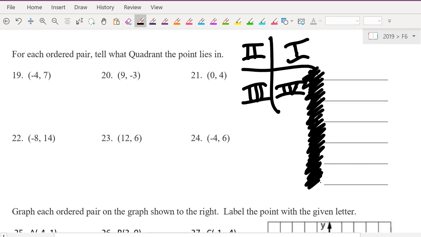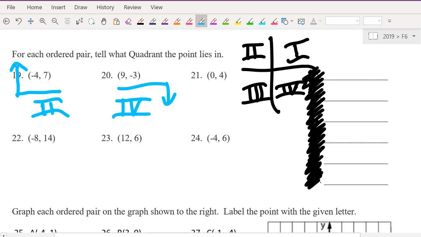For number 19, we're going negative, which is to the left, and then positive, which is up. That brings us to quadrant 2. What about 20? Positive to the right, and then down. That's quadrant 4. Quadrant 1 is both positive. What about 21? It's none of the quadrants.